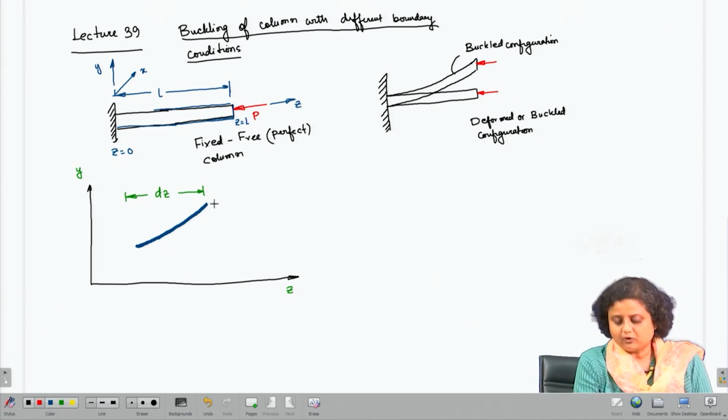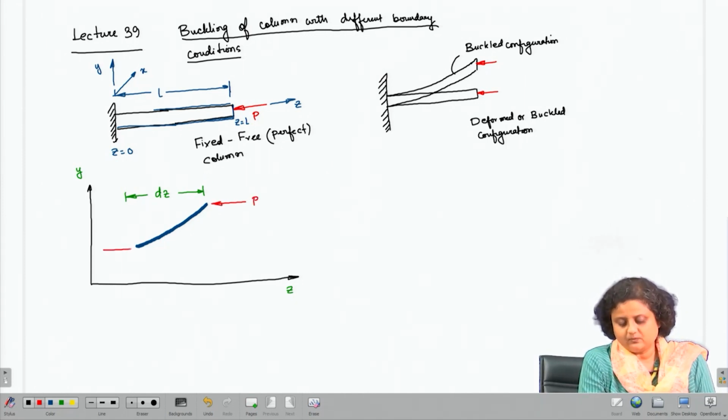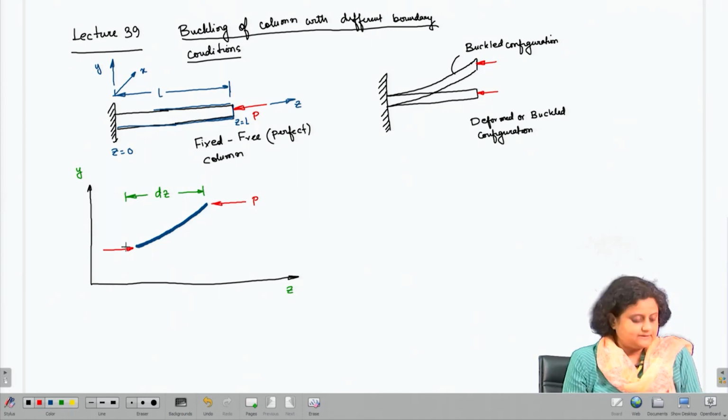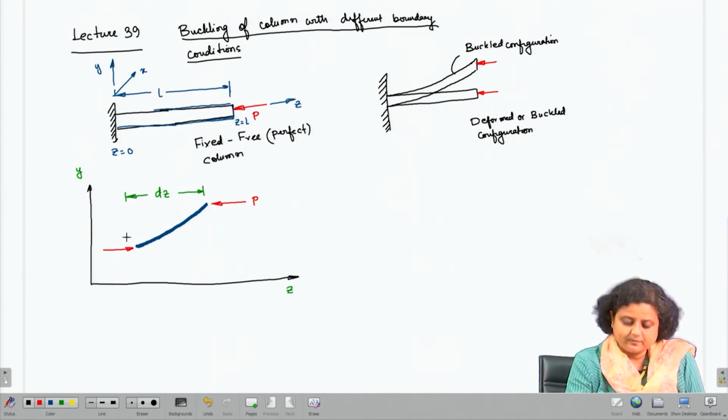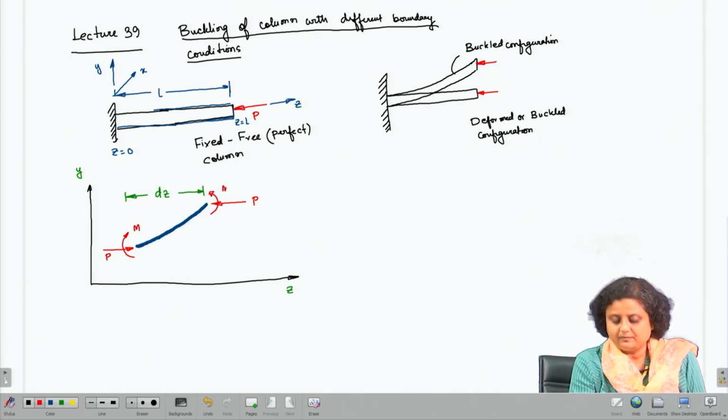One force is of course the axial compressive load P. Next there are going to be two moments. Let me call this M, this is P, and this, therefore, is going to be M plus dM by dz into dz.